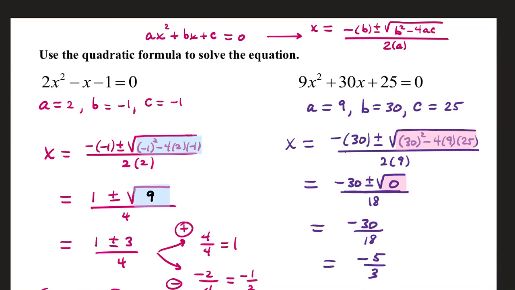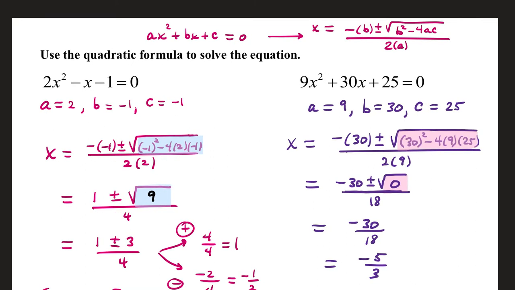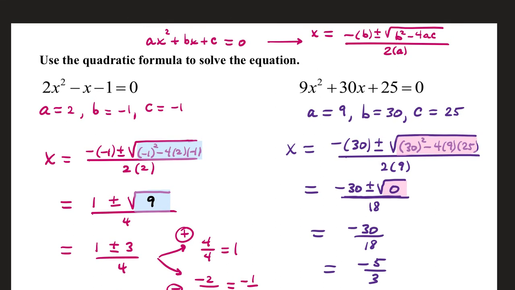Finally, we're going to look at one last technique for solving quadratic equations, and it is called the quadratic formula. The formula at the very top of your screen runs off of a general quadratic equation, ax squared plus bx plus c equals 0.